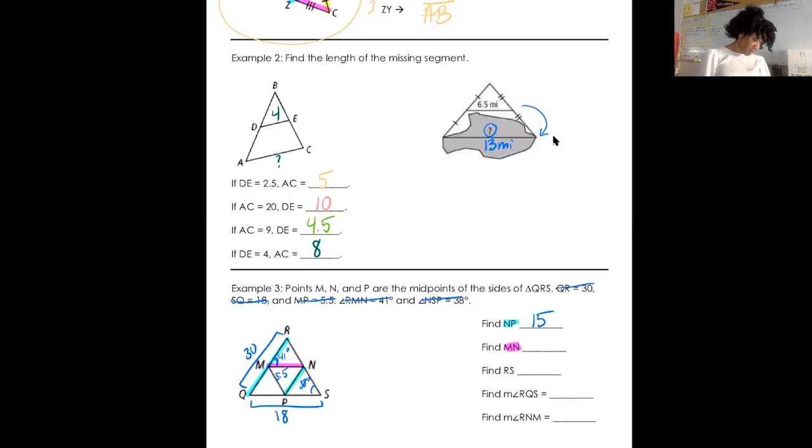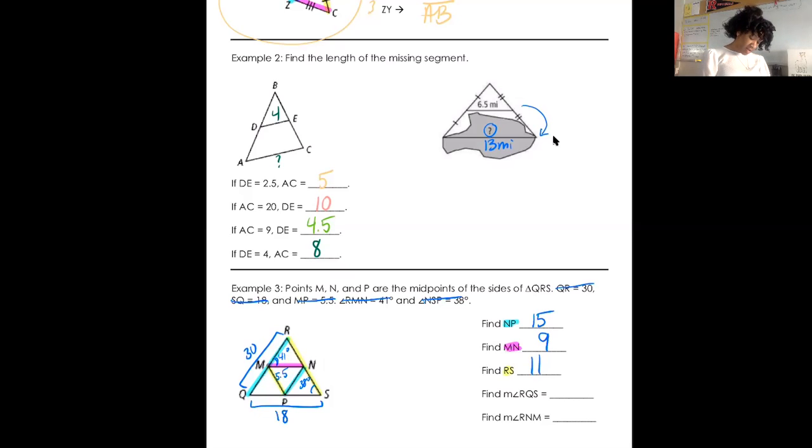The measure of QS is 18. We're looking for the midsegment, which is smaller, so we're gonna cut 18 in half, and we're gonna get 9. Next question, find RS. RS is parallel to MP. MP is 5.5, so we're gonna double 5.5, and that's going to give me 11. So the length of line segment RS is 11.